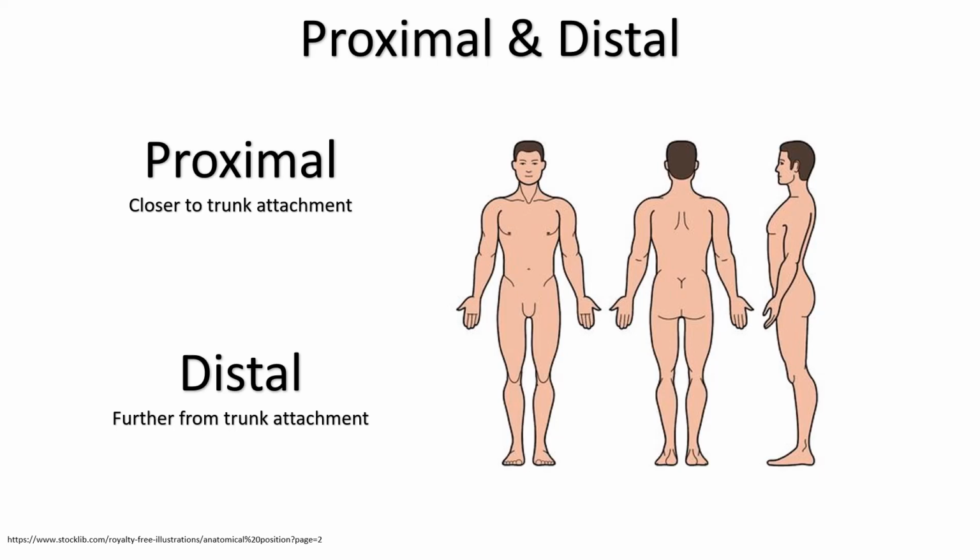So for example, if you look at your elbow compared to your shoulder, the shoulder is a lot closer to the point of attachment to your torso. Actually, it is the point of attachment to your torso. So that means that your shoulder is proximal to your elbow. And since the elbow is further away from that point of attachment, it is distal to the shoulder.